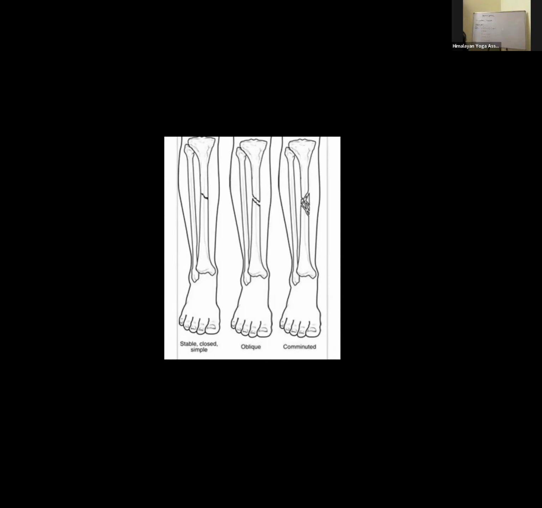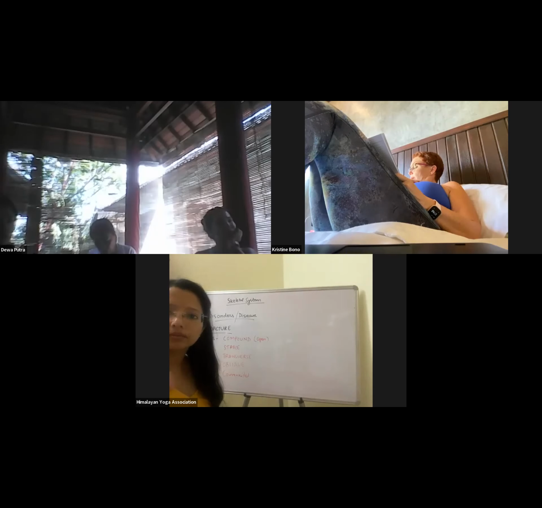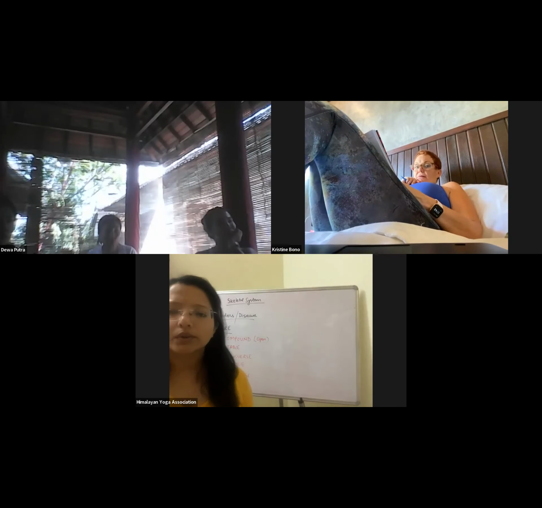You can take a screenshot of this. Excuse me. Would you not say that the oblique and the comminuted are broken instead of fractured? Like they're more than fractured? Yes, but these are fractures only.